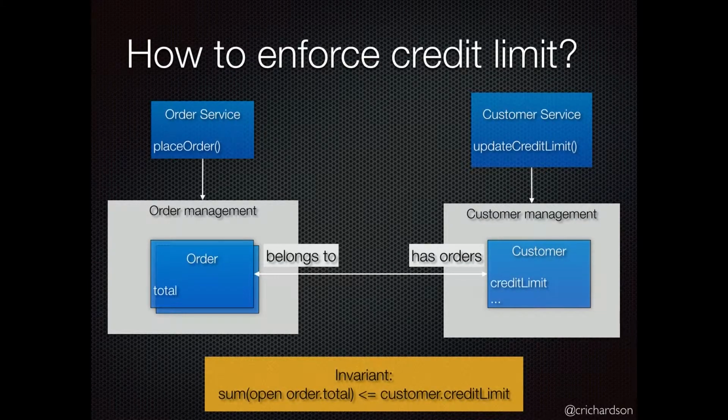But then, if we decompose the system into services where we've got an order management service that holds the orders and a customer management service that holds the customers, how do we enforce an invariant that is spanning those two services? So you're going to see that can be a major challenge, because on the one hand, we want to be able to partition up our system, but we also need to enforce consistency.